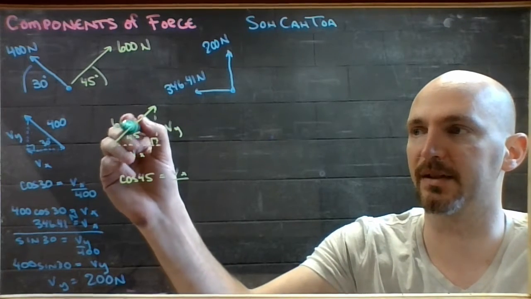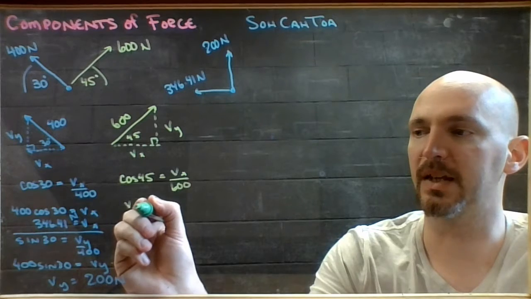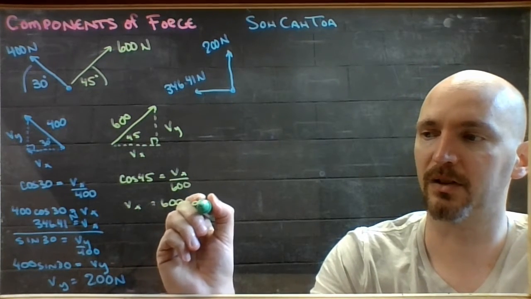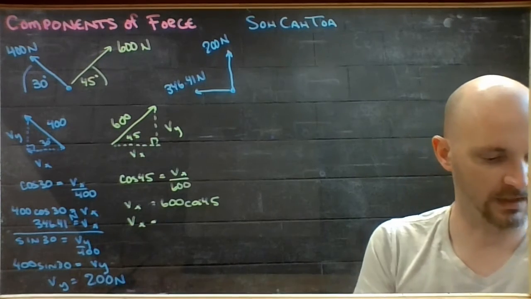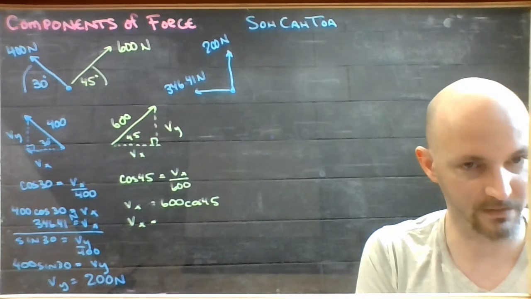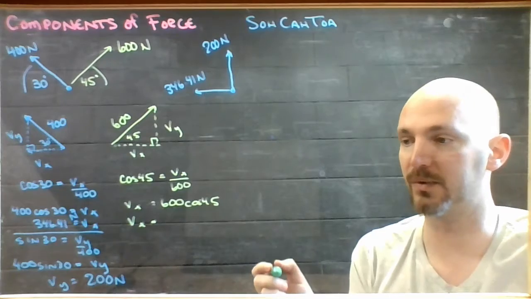Oh, this one's 600. So Vx will be 600 cos 45, which gives me 45 cos times 600, which is 424.26 newtons.